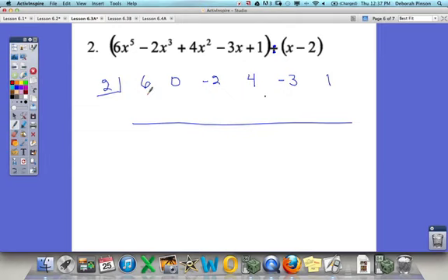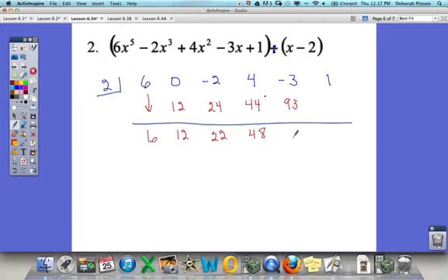Alright, then follow my pattern we did before. Bring the first number down, multiply, add down. Multiply, add down. You get the idea. Multiply, add down. Multiply. Now y'all see how the numbers are getting pretty big here?